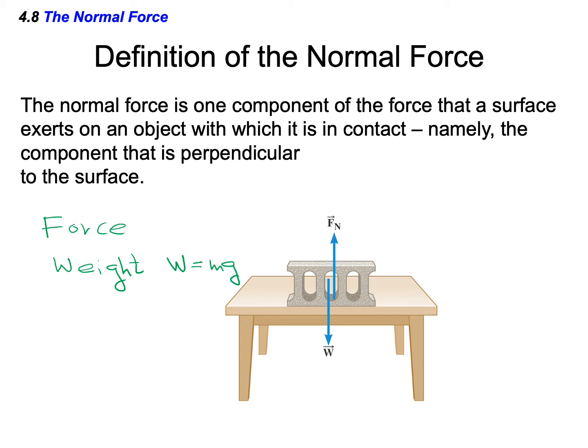And now we're going to talk about another force, normal force. We use F with a small letter n. N means normal force. And in the next slide, I think we're going to talk about friction.